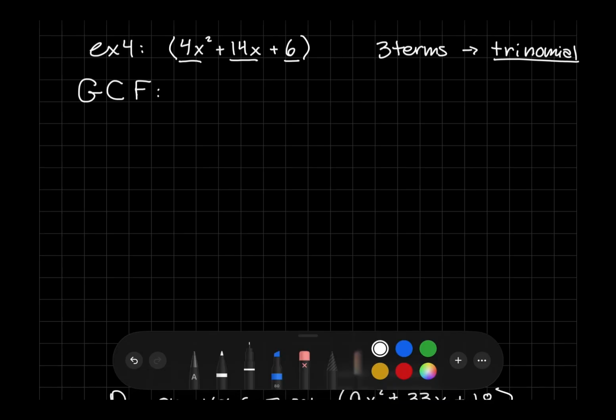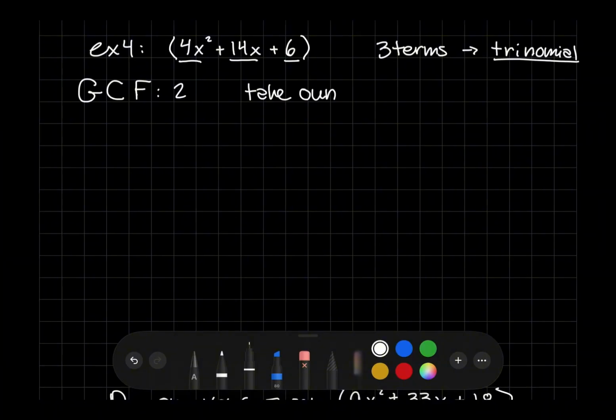Now let me look at my numbers. 4, 14, and 6. Is there a common number that can multiply to 4, 14, and 6? There is. It is going to be 2. I know 2 will go into 4 2 times, 2 will go into 14 7 times, and 2 will go into 6 3 times. So let me take out my greatest common factor.